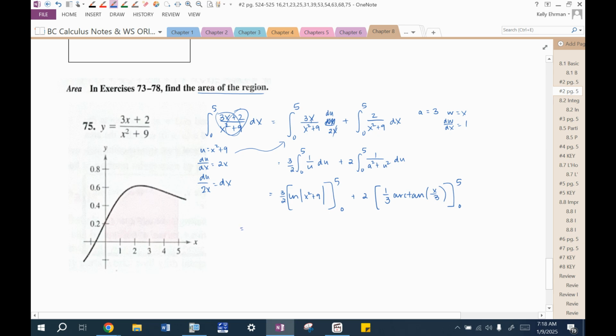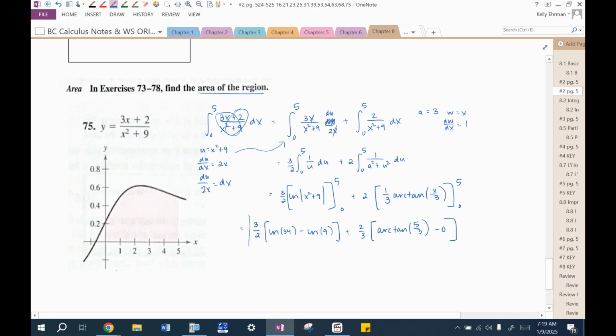And then I'm not going to simplify this very much, but this is going to be 3 halves times the natural log of 5 squared plus 9. So 25 plus 9 is 34, minus the natural log of 0 plus 9, plus, I'm going to pull this 1/3 out, 2/3, times the arctangent of 5/3, minus the arctangent of 0, which is just 0.